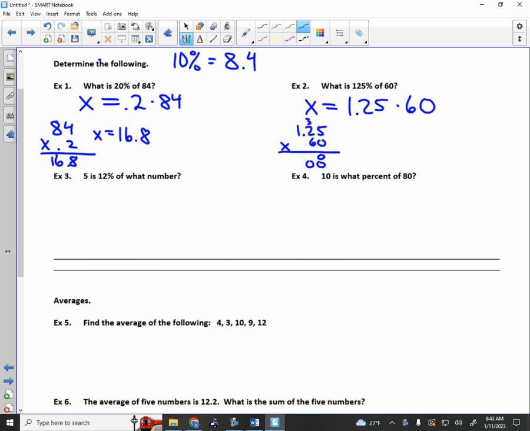Carry the 3. 6 times 2 is 12. Plus 3 is 15. Carry the 1. 6 times 1 is 6. Plus 1 is 7. And I add those together, and I get 7500. Where does the decimal point go? Goes 2 places over, so it's 75. 75 is the correct answer. Okay.